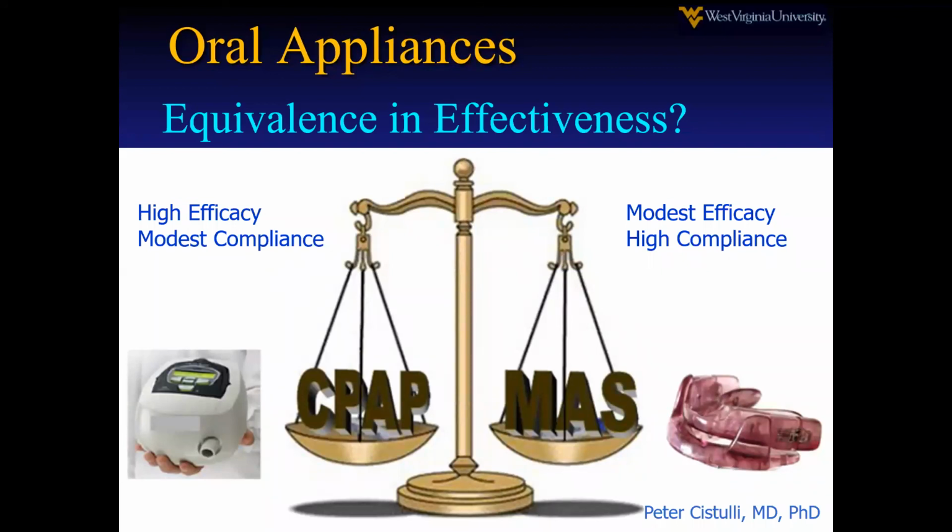He's an Australian, that illustrates that there's an equivalence in effectiveness. You have a high efficacy with CPAP, but modest compliance, and opposite, you have a modest efficacy with the oral appliance, but high compliance. Modest efficacy, that means it's FDA approved only for mild to moderate sleep apnea, and you got to choose the patient in whom it's going to work.